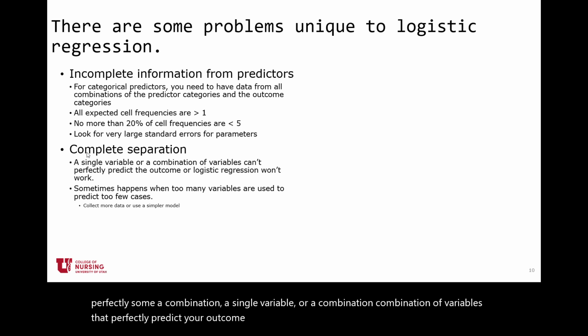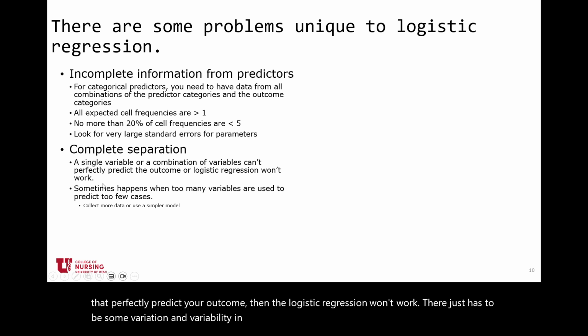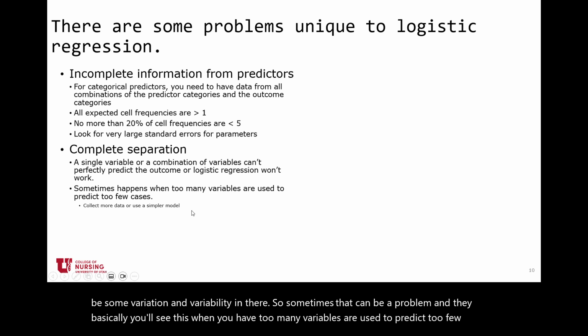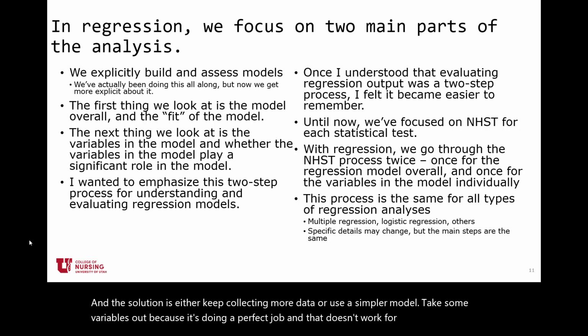There just has to be some variation and variability in there. So sometimes that can be a problem. You'll see this when too many variables are used to predict too few cases. The solution is either to keep collecting more data or use a simpler model and take some variables out, because it's doing a perfect job, and that doesn't work for logistic regression.